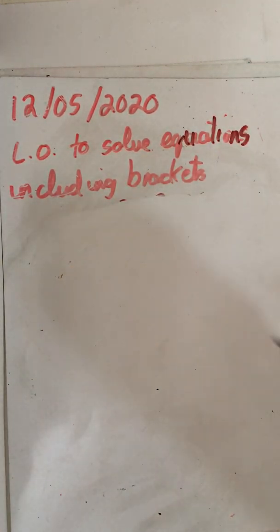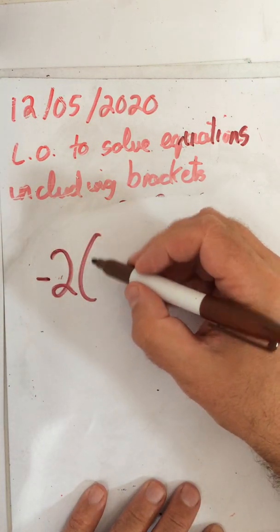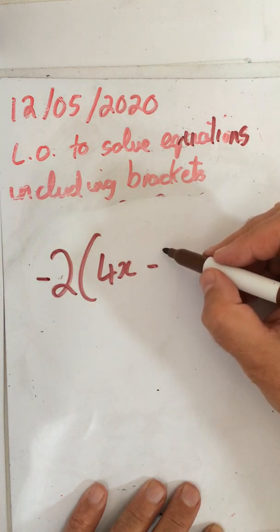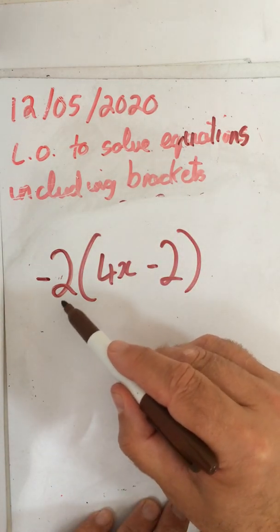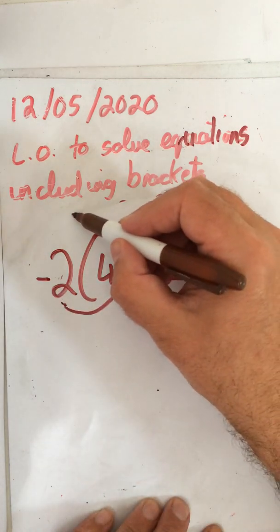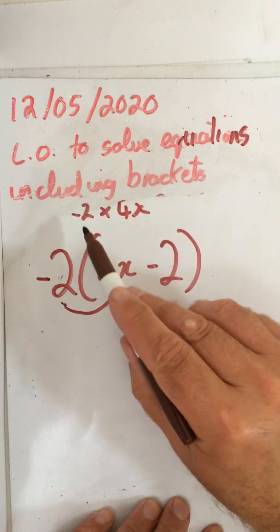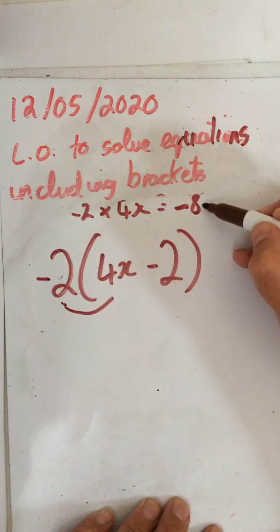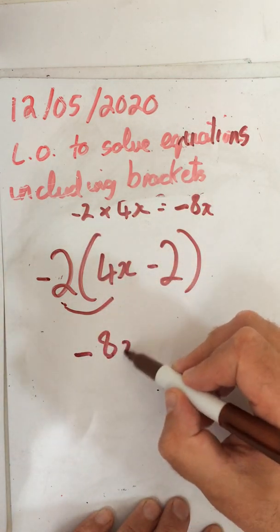Now, let's have another go with a negative number. So you go minus 2, and in your bracket you could have 4x minus 2. Again, the first thing you do is multiply the number outside the bracket with both numbers inside. So this is a minus 2 times a positive 4x, and a minus times a positive will always give us a negative. 2 times 4x is 8x, so we go minus 8x.